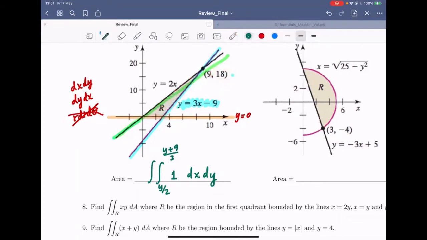Okay. Sounds good. Well, one thing that you can check your answer by, make sure that the outer integration here gonna be numbers always.